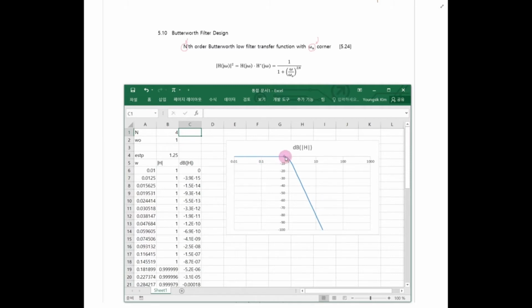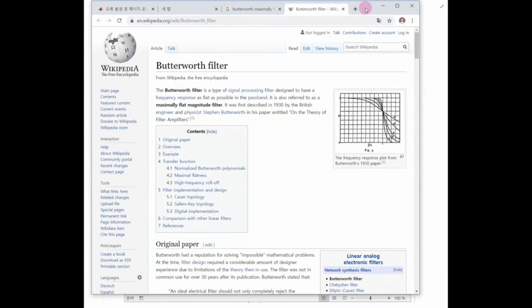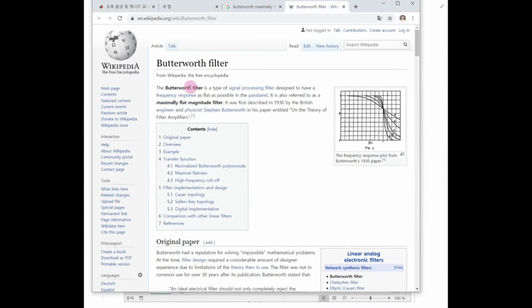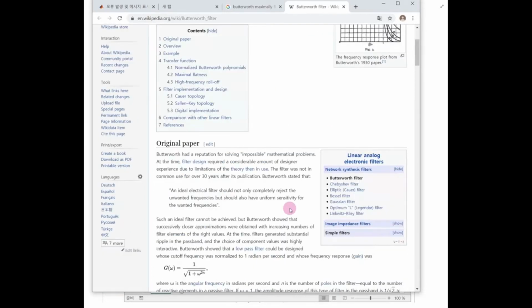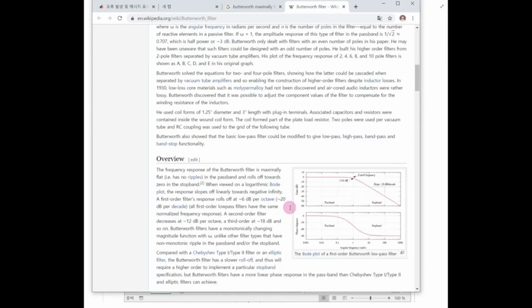The filter corner given here is very smooth. You can see the filter is very flat on top here. Maximally flat filter is another name for the Butterworth filter. Here is an explanation about the Butterworth filter. It's known as a maximally flat magnitude filter. There's no peaking effect. It's smoothly cutting out the unwanted frequency components.